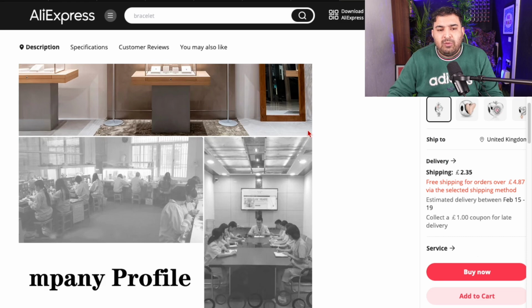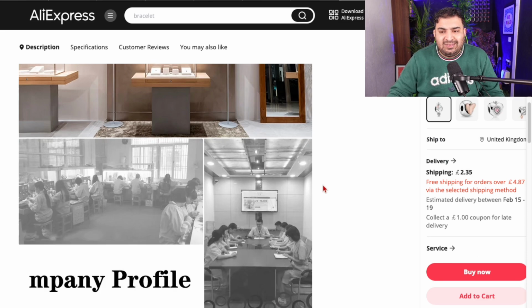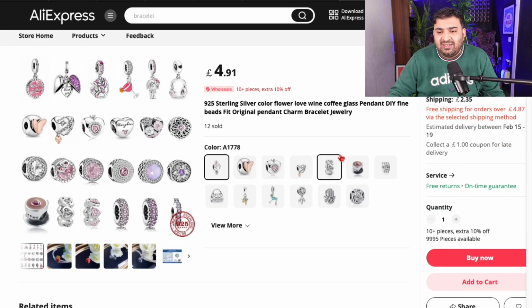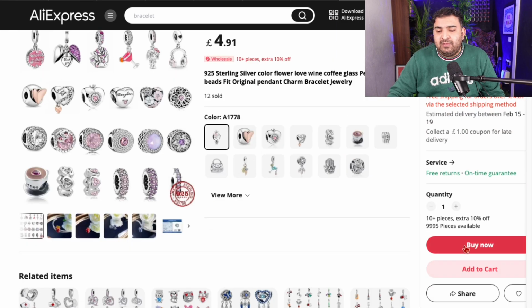So for example, the bracelets which we were talking about, I can literally message this seller, or if this is worth selling, I don't even need to message this guy. I can simply buy 10 of these, and then this item will simply be delivered to my doorstep. But once you're talking to someone on Alibaba, you can ask for the quote which will be the door-to-door delivery. What happens is when the item arrives at customs here in the UK, you don't deal directly with the customs.